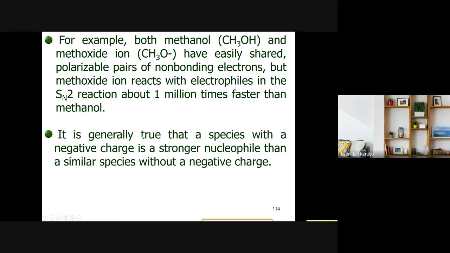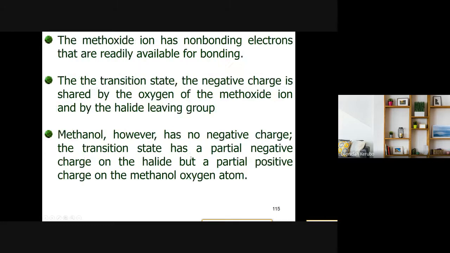It is generally true that a species with a negative charge is a stronger nucleophile than a species without a negative charge. The methoxide ion has non-bonding electrons that are easily available for bonding. At the transition state, the negative charge is shared by the oxygen of the methoxide ion and by the halide leaving group.